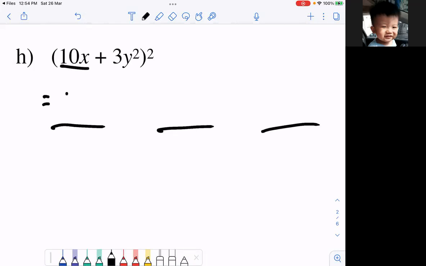100. That's it. Square. You must square this whole term. Plus 2ab. Can mentally work out 2 times this times this. Just go.